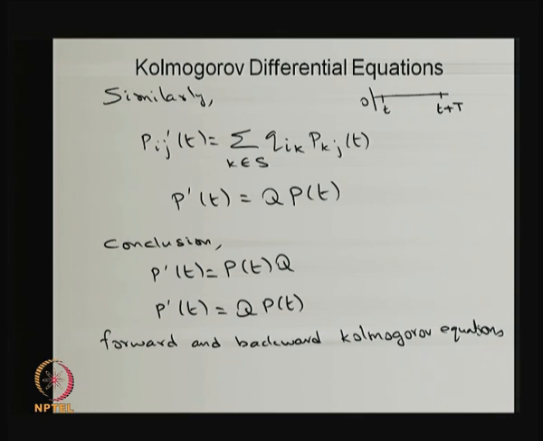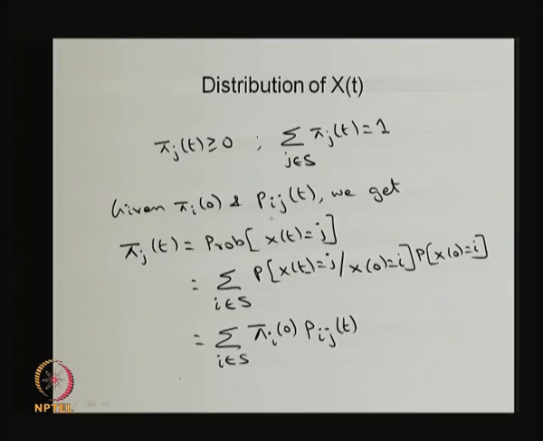Once you know the p i j of t, and the given pi i of 0, by solving that forward or backward Kolmogorov differential equation, you can get the pi j of t.